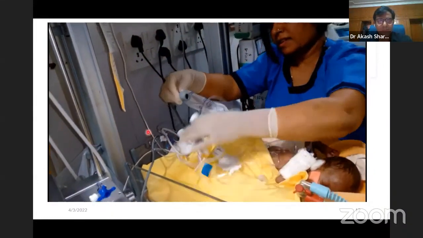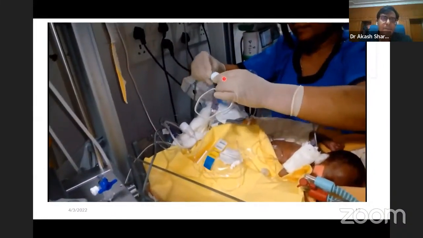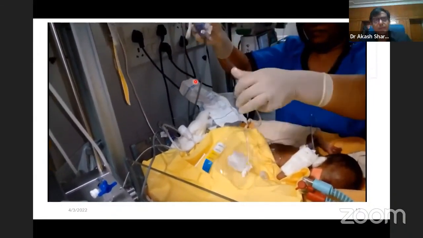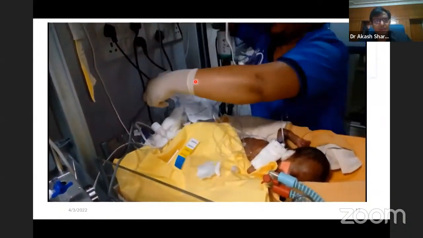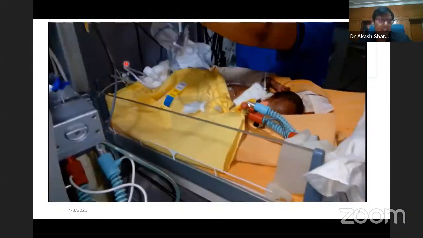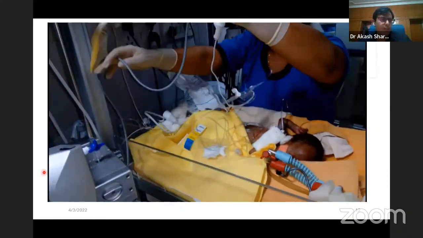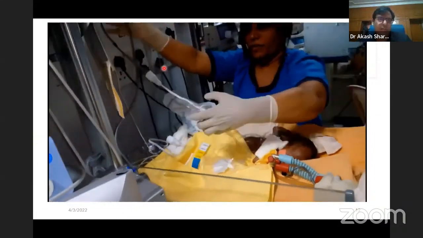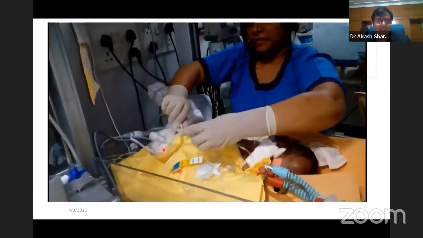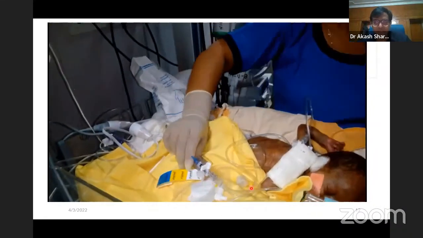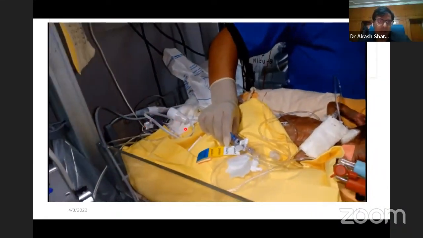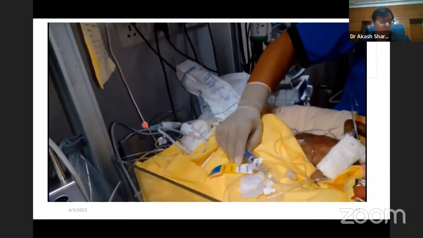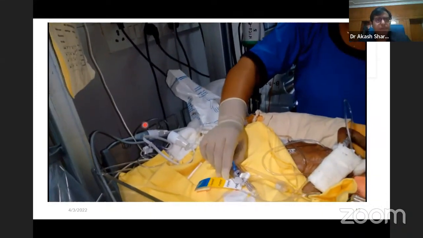We'll be showing you the multipara. This gray line is connected to the multipara. This cord comes with the multipara, and there are mainly three connections. One goes into the arterial line, one goes to the Heplock, and the third goes to the cord which is connected to the multipara monitor.